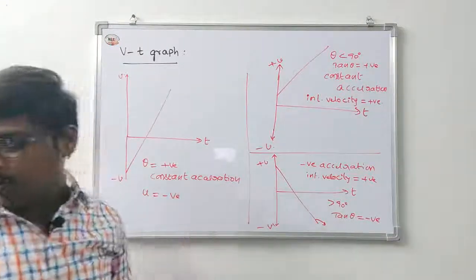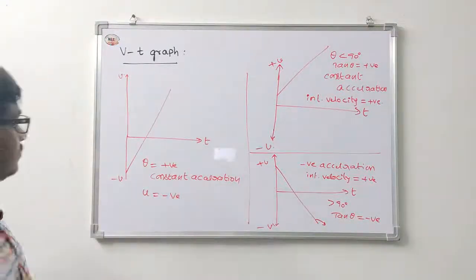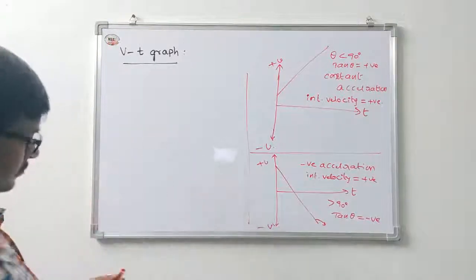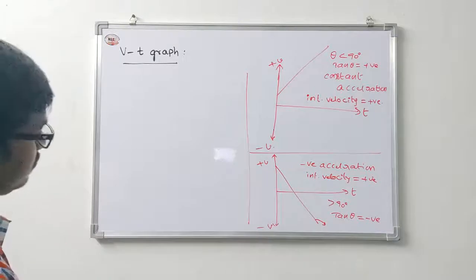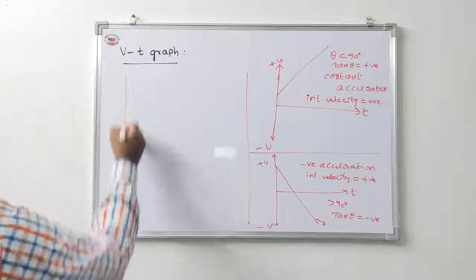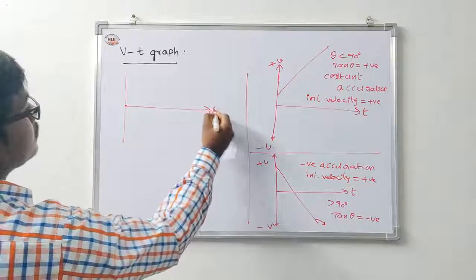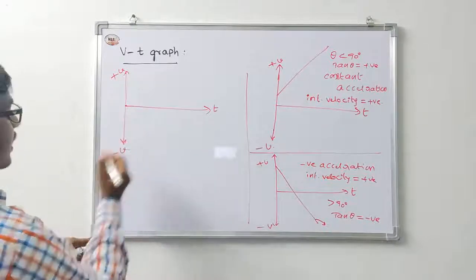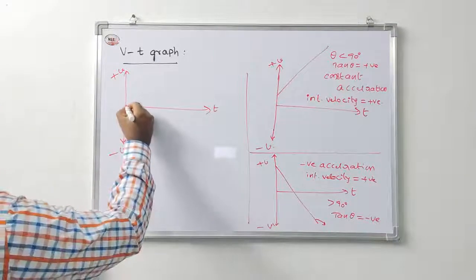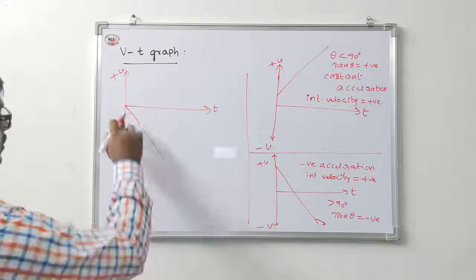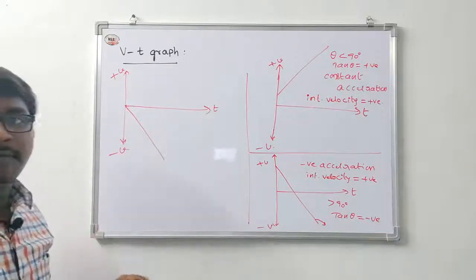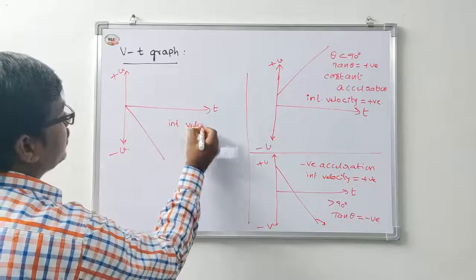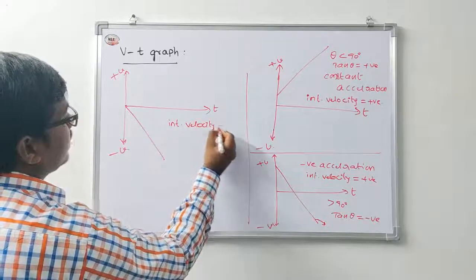One more case: time, positive velocity and negative velocity. The particle starts from the origin, so the initial velocity is equal to 0.